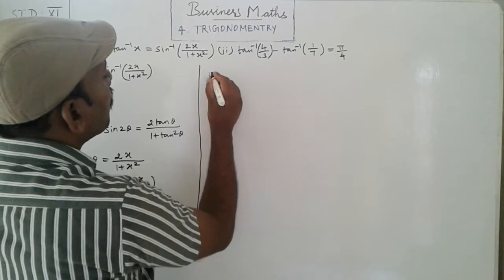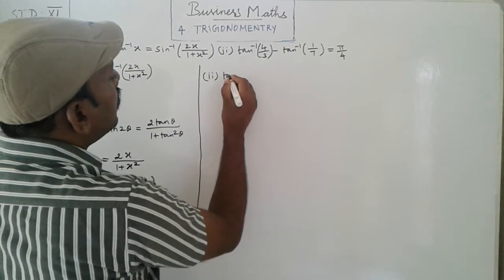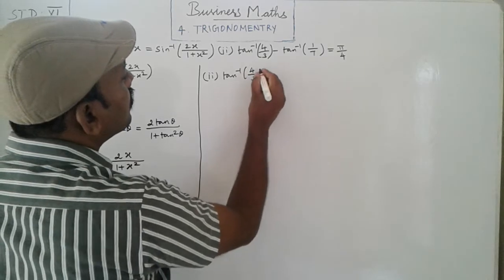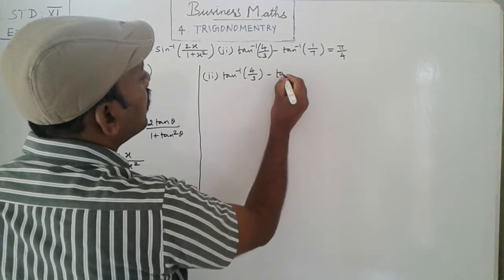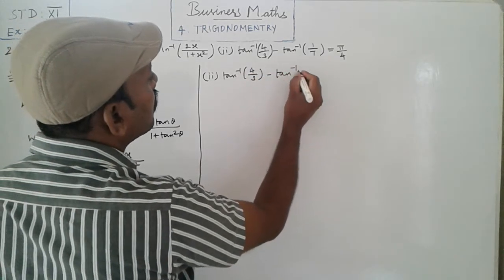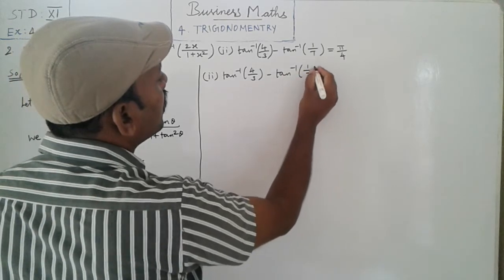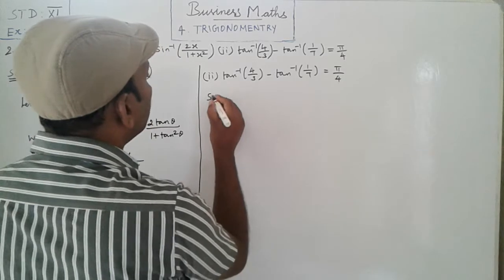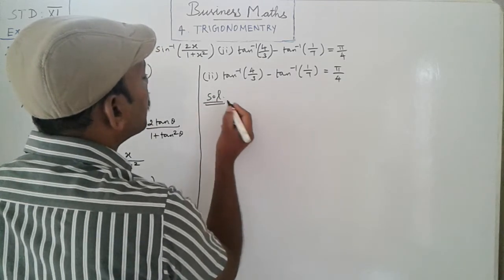Second sum, tan inverse 4 by 3 minus tan inverse 1 by 7 equals pi by 4. We have to prove. Solution.